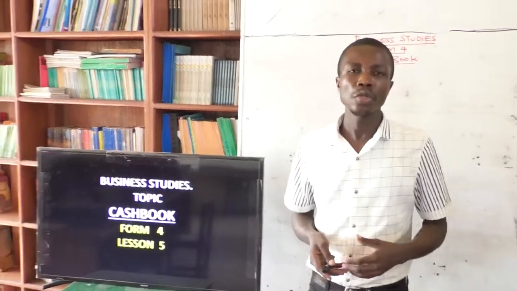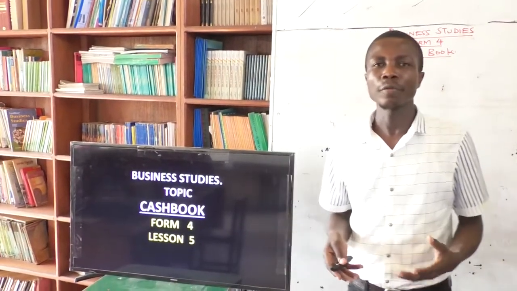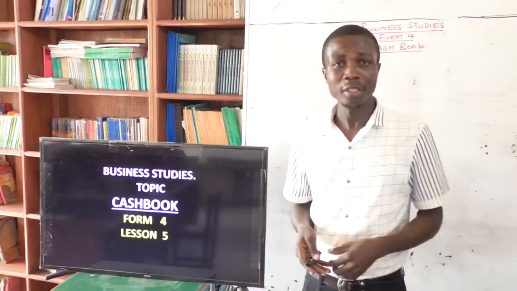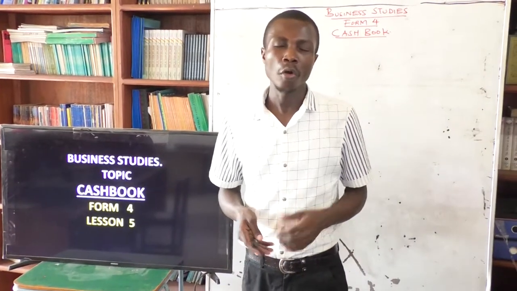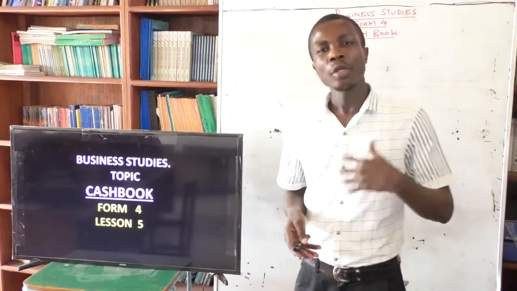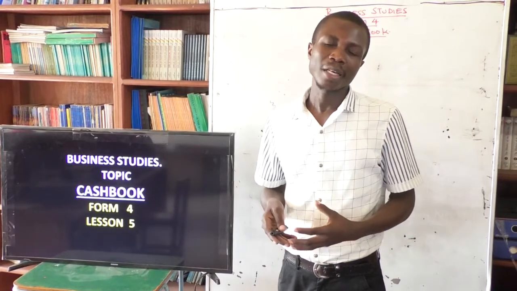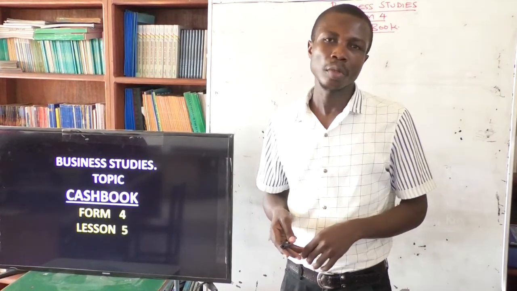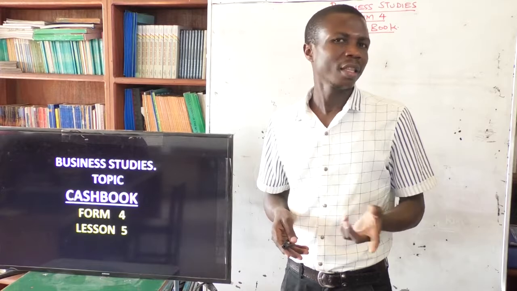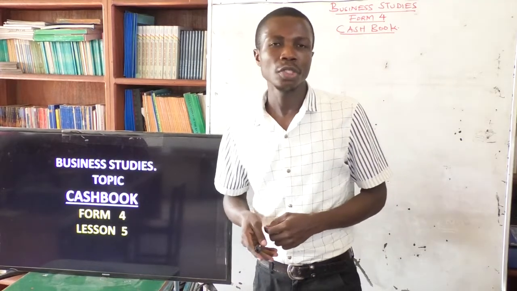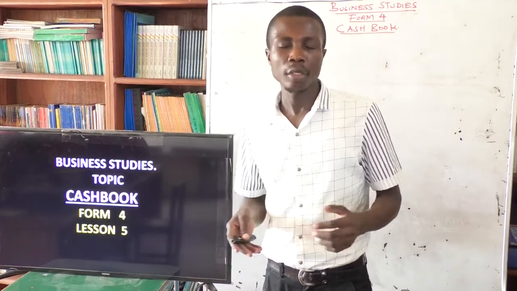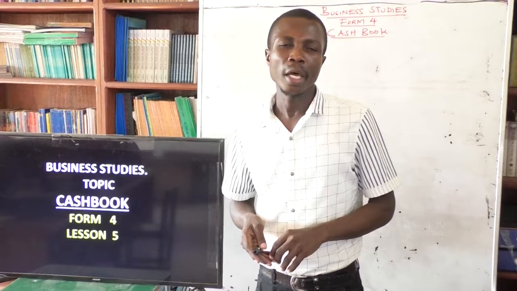I just want us to understand more before we start preparing. That's the main objective of our lesson today. But you are also supposed to understand the purpose of preparing a cash book. Remember last time when we were talking about the ledgers, we said there's a certain type of ledger, a private ledger, that cannot be shared by other employees.